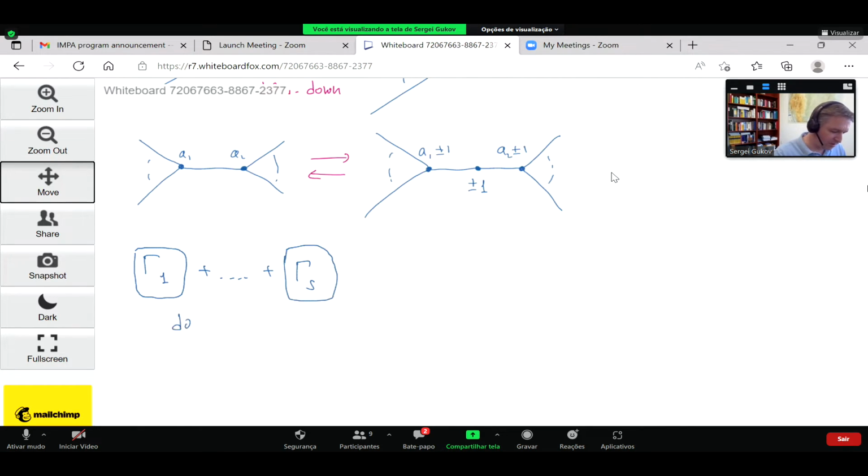So this is a disjoint union. Then all of this can be reconnected, and we'll have the same content of gamma 1 through gamma s unchanged, so that will stay the same.